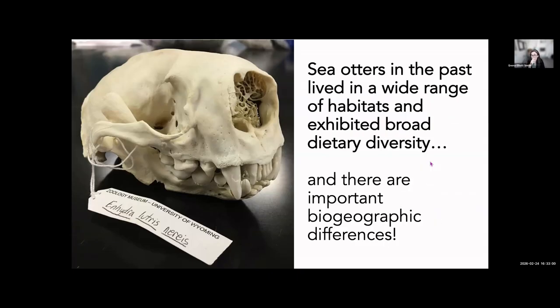But for that first question, we have provided important data sets that suggest that sea otters were living in a wide range of habitats in the past and exhibited overall broad dietary diversity, but that there are really important differences that at least our current data set suggests existed between geographic regions. And so more broadly, now that we have these data, this will hopefully help us characterize whether these modern populations are occupying their historical niche space and provide, we're hoping, critical information for future conservation efforts.